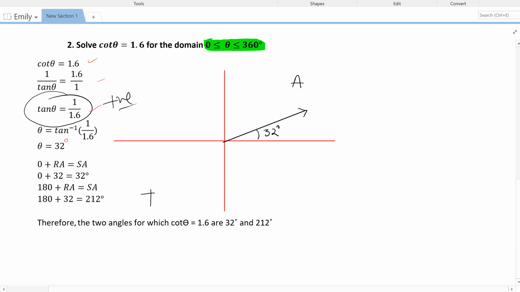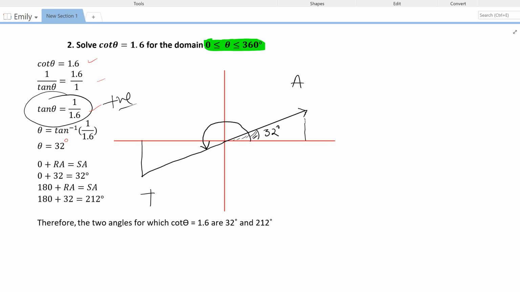Tangent is going to be right there. So you can extend the same line opposite and make a little triangle there. One of the angles is that, and the second angle is going to be this one.